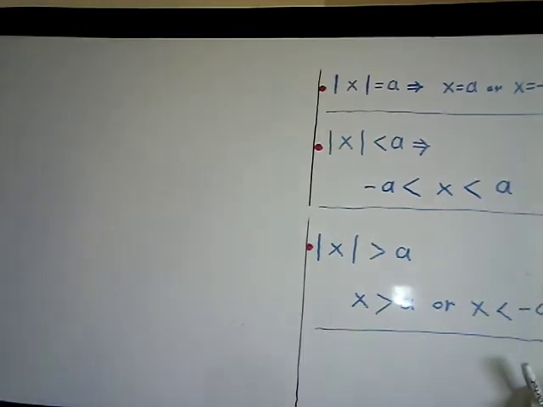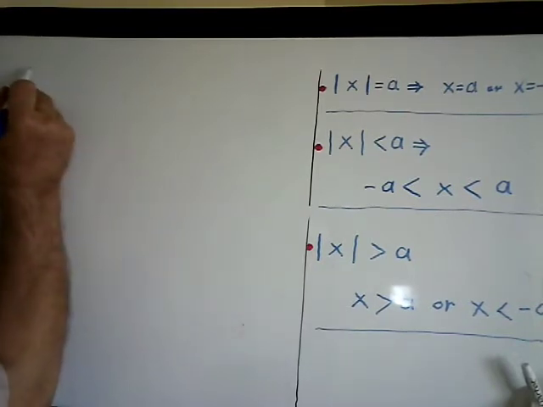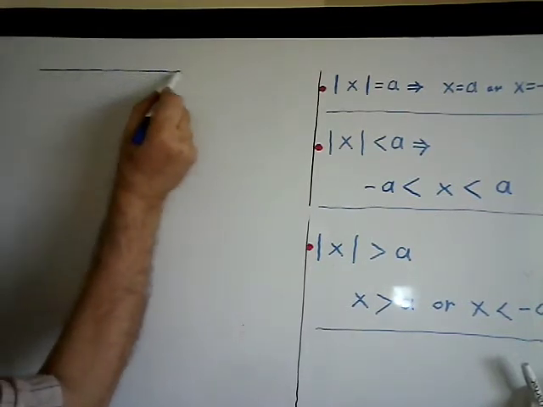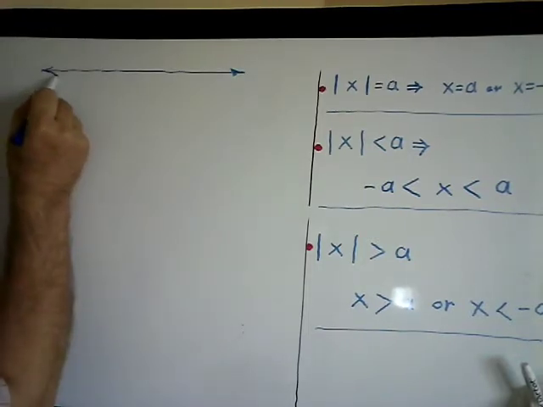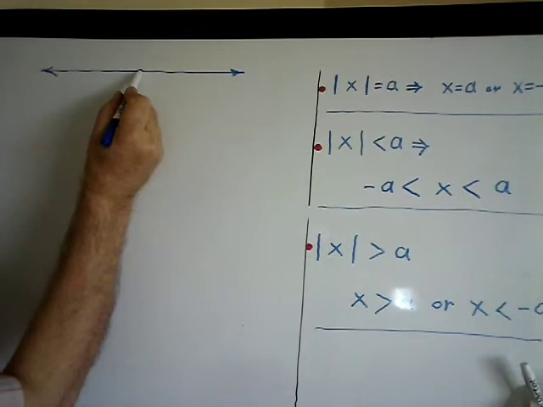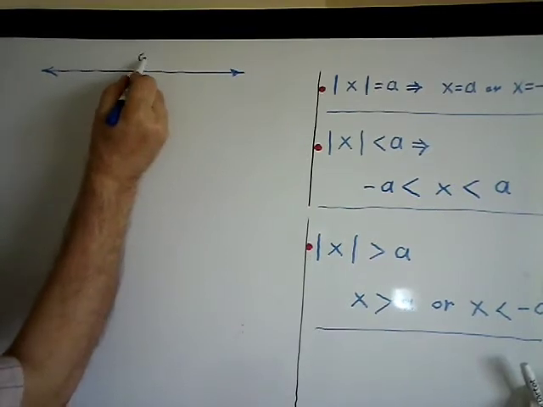Now we look on the real number line and consider the original number O is at this point.